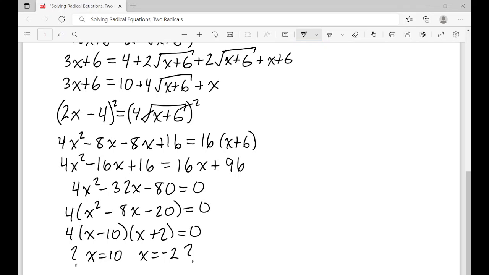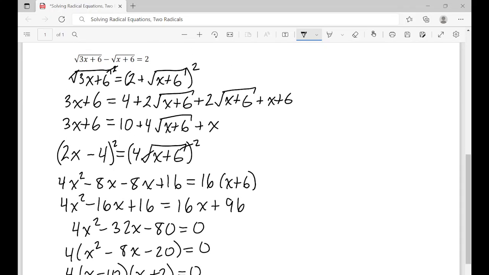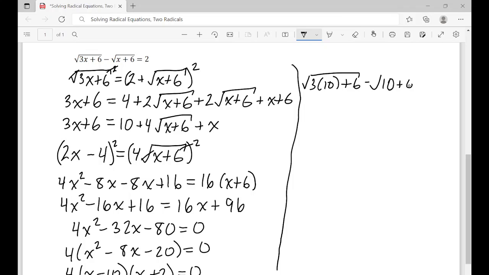So positive 10 first. I'm going to plug it back into the original. Square root of 3 times 10 plus 6 minus square root of 10 plus 6 equals 2. 3 times 10 is 30, plus 6 is 36. 10 plus 6 is going to be, not 14, 16, equals 2.